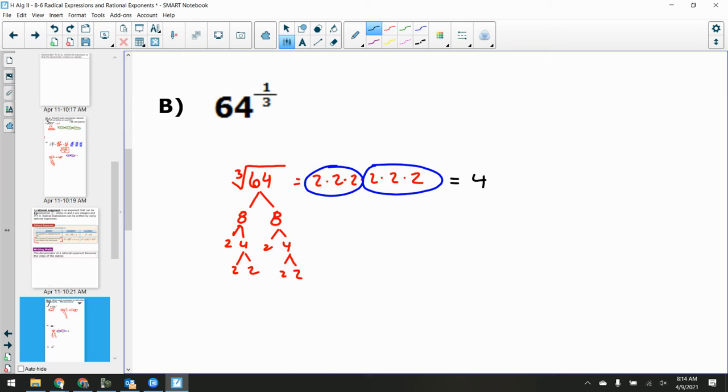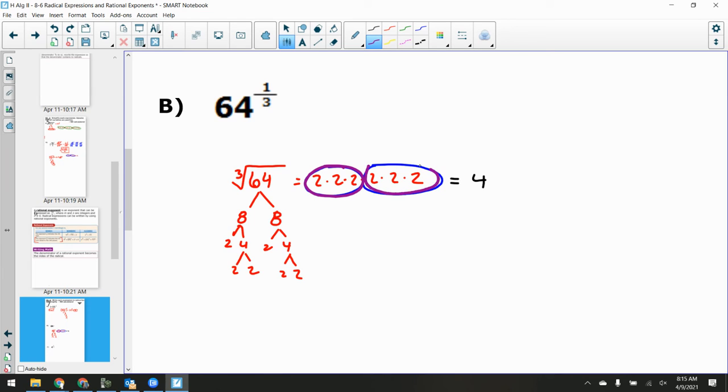It didn't come out of nowhere. Did you see how I did a factor tree for 64? Okay, are we good with the factorization? So the index is 3, right? So I'm going to take equal groups, 3 sets of 2s.